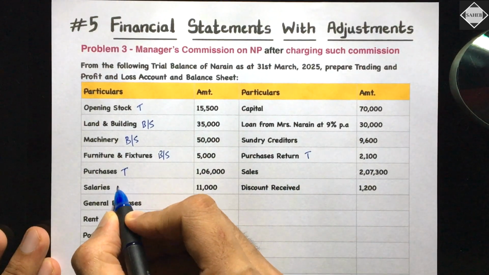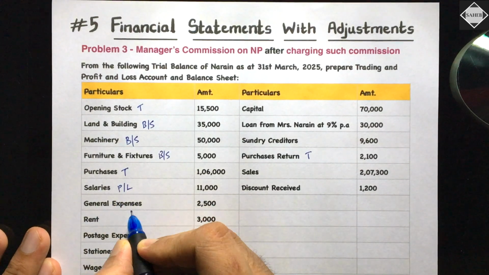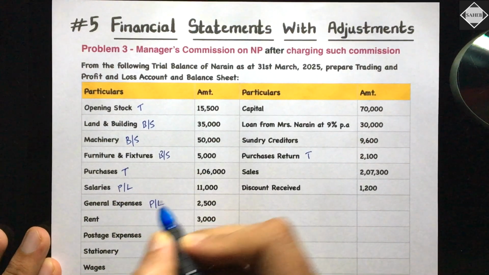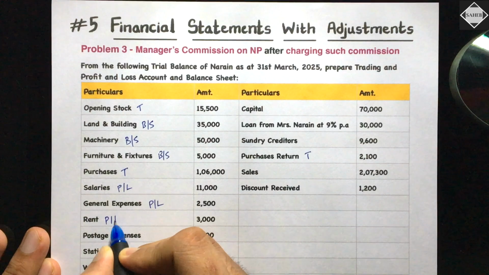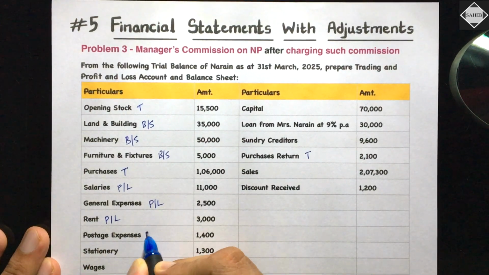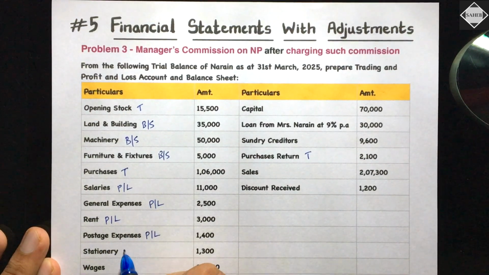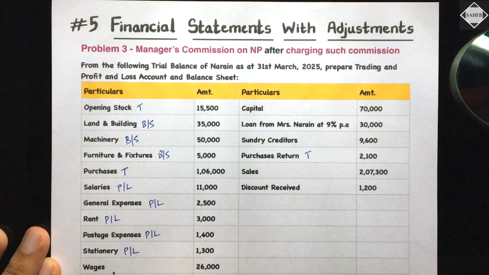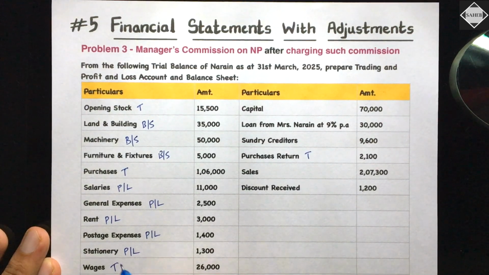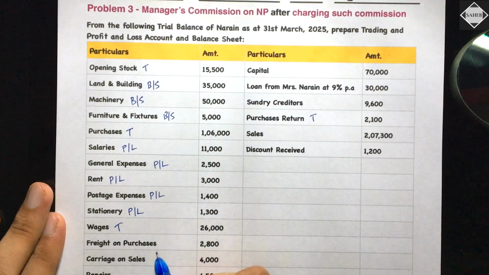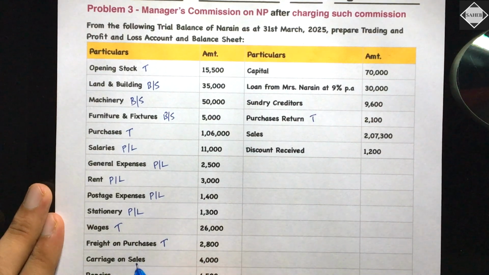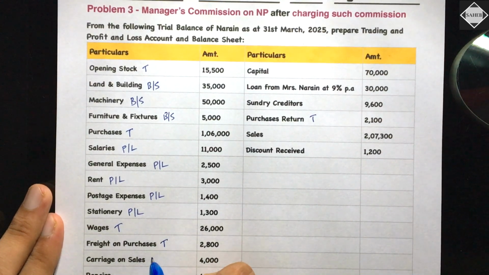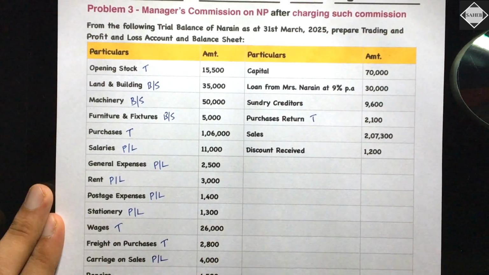Then salaries will go in P&L, general expenses, P&L, rent, P&L. Then we have postage expenses, P&L, stationery, P&L. Then we have wages. Where will wages go? Trading account. Freight on purchases, trading account. Carriage on sales, P&L. This is carriage outwards. Okay, yes.